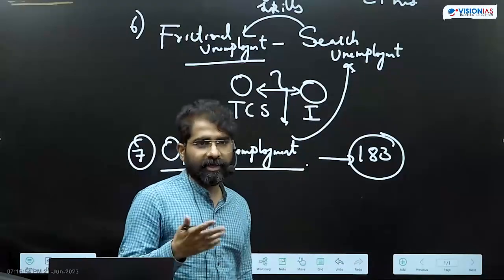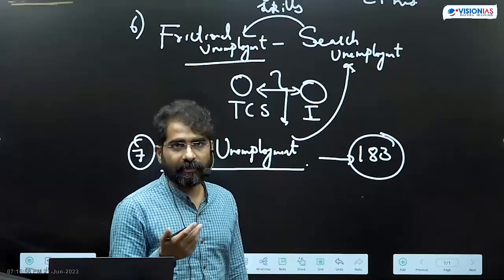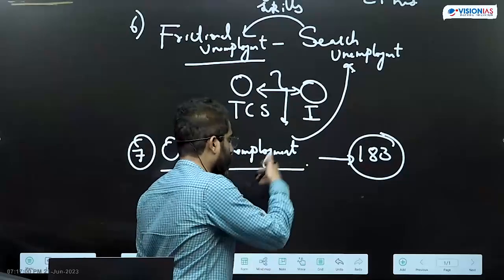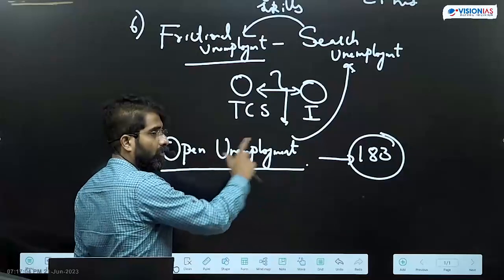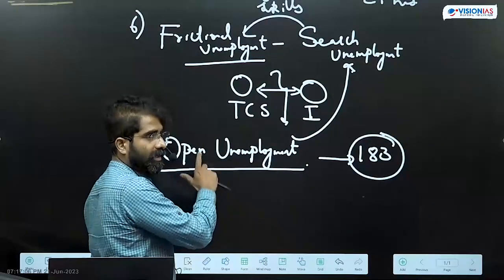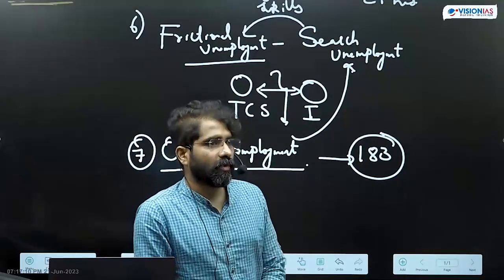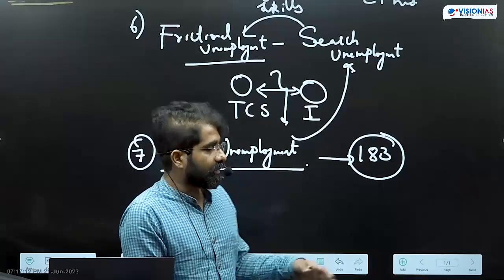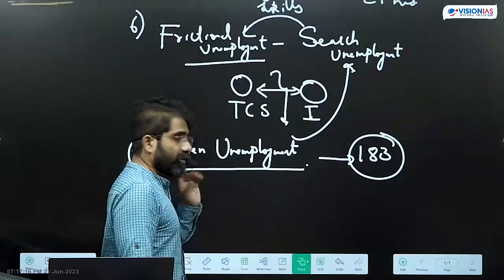Chronic, like a chronic disease that persists for a long period. Similarly, chronic unemployment means he is unemployed for a very long period, at least more than 6 months. If 180 days is unemployed, you call it open or chronic. So, I think it is clear.